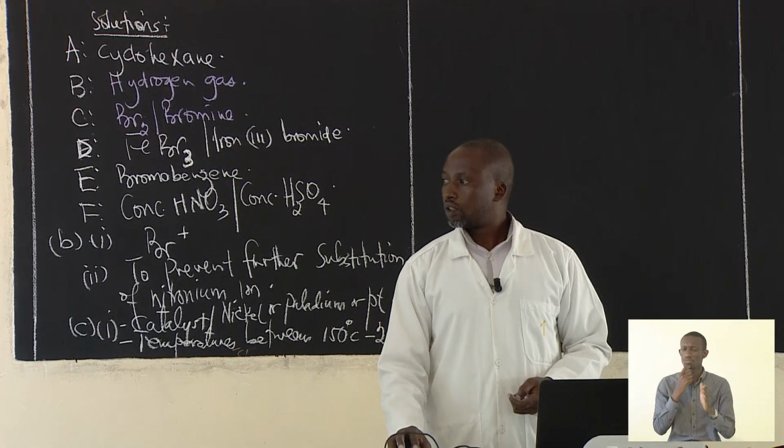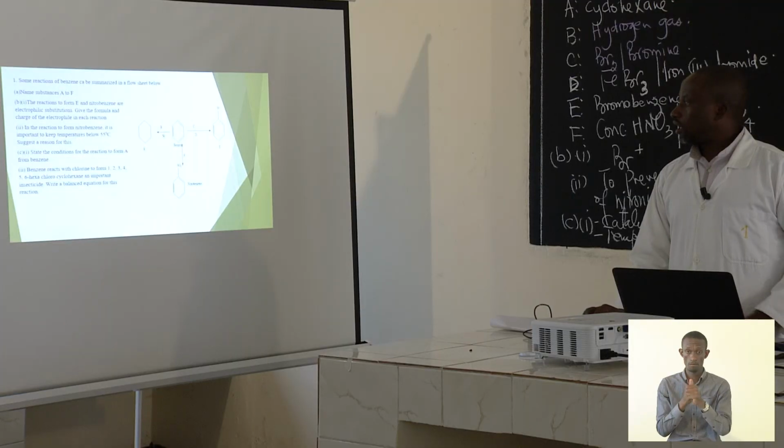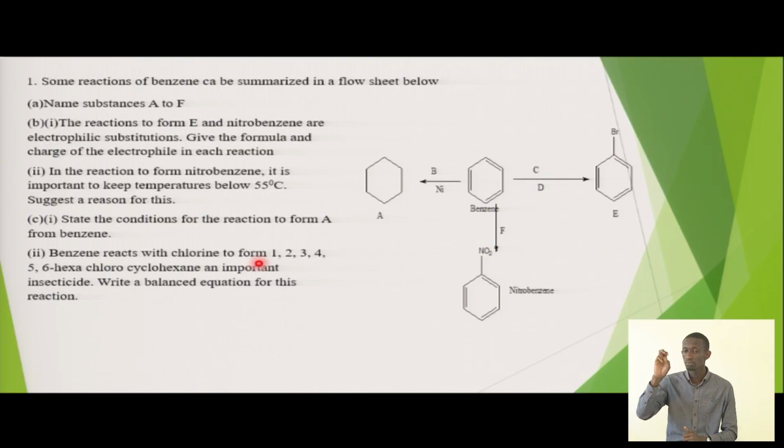Benzene reacts with chlorine to form 1, 2, 3, 4, cyclohexane, which is an important exercise. We are asked to write the balanced equation for this reaction. So the reaction that forms 1, 2, 3, 4.